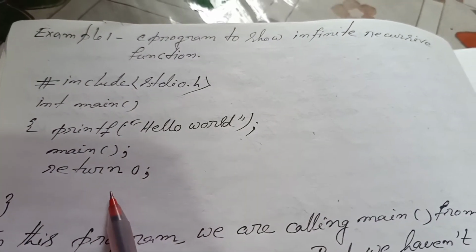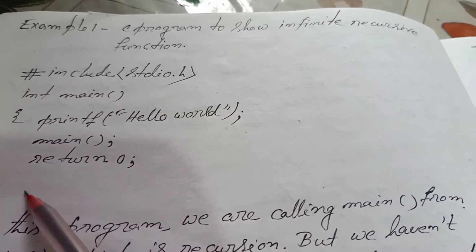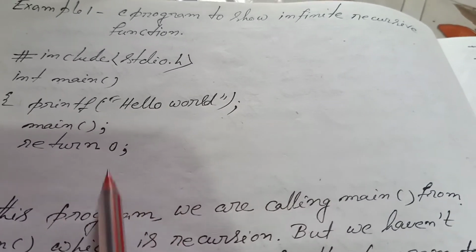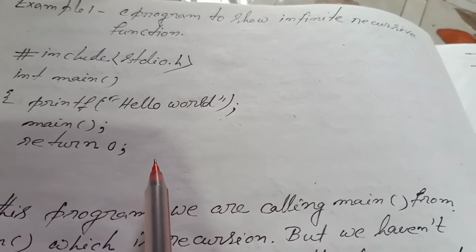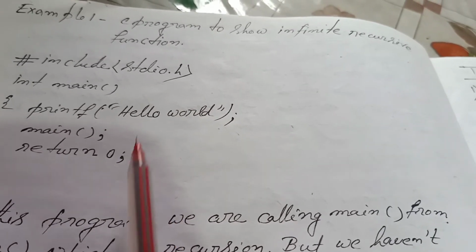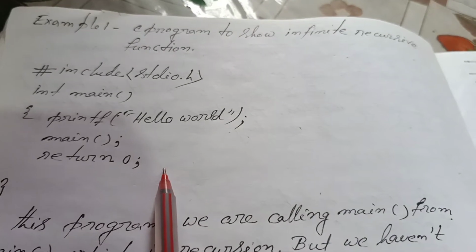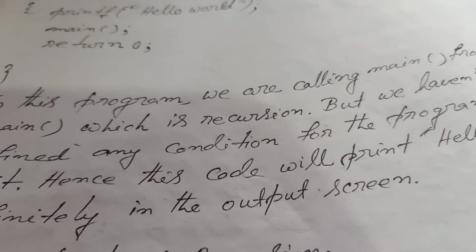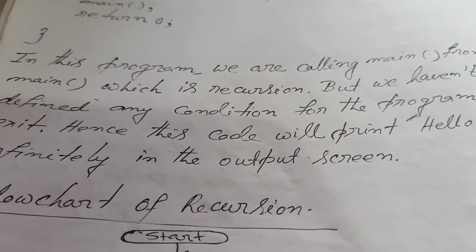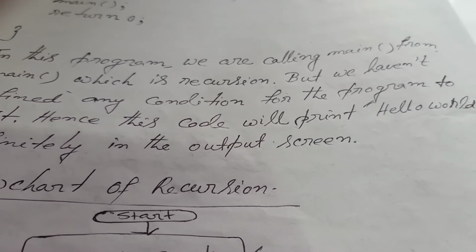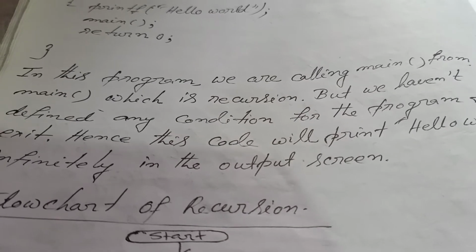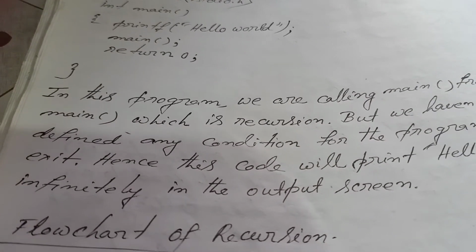So again and again the main function is called and the execution is going on. So this is the example of infinite recursive function. In this program we are calling main function, which is recursion, but we haven't defined any condition for the program to exit.